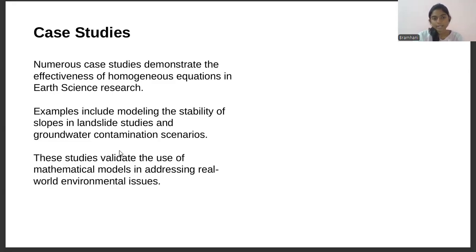Using mathematical expressions, formulas, and equations to predict environmental issues is very common, and these applications are useful for that.